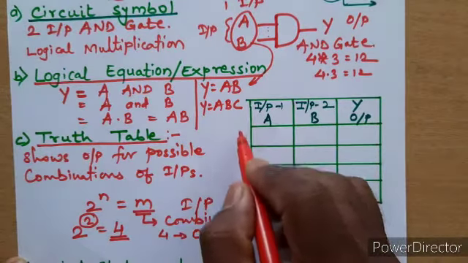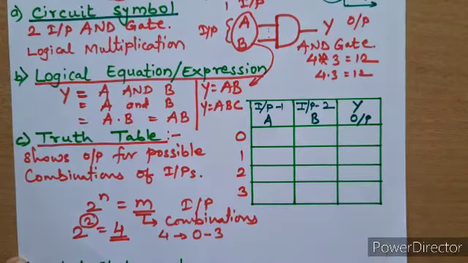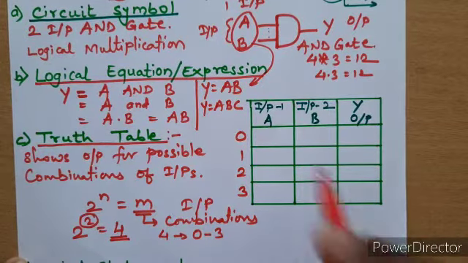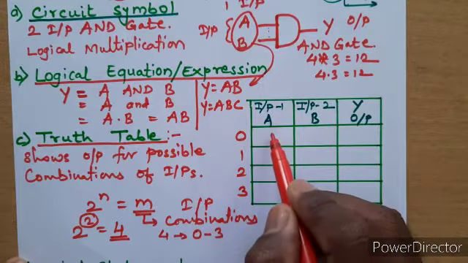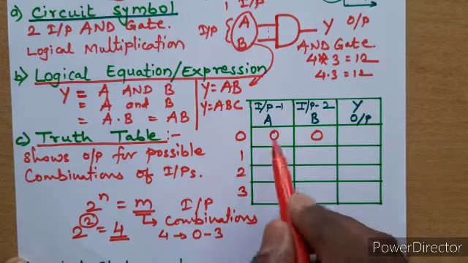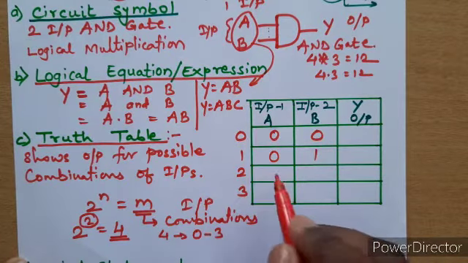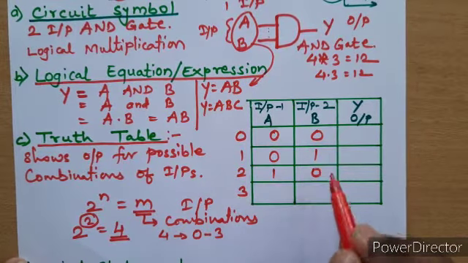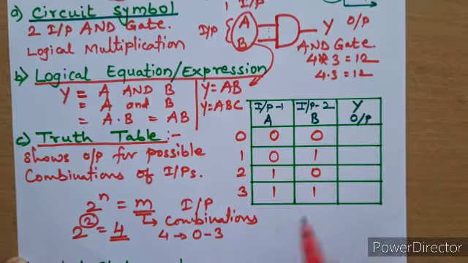So I can just mention here the serial numbers 0 1 2 3. 0 is a decimal number and its binary is 0 0. 1 is a decimal number, its binary is 0 1. 2 is a decimal number, its binary is 1 0. 3 is a decimal number, its binary is 1 1.